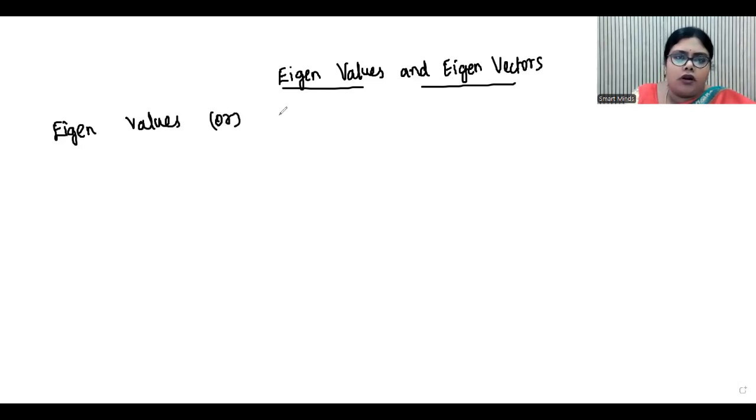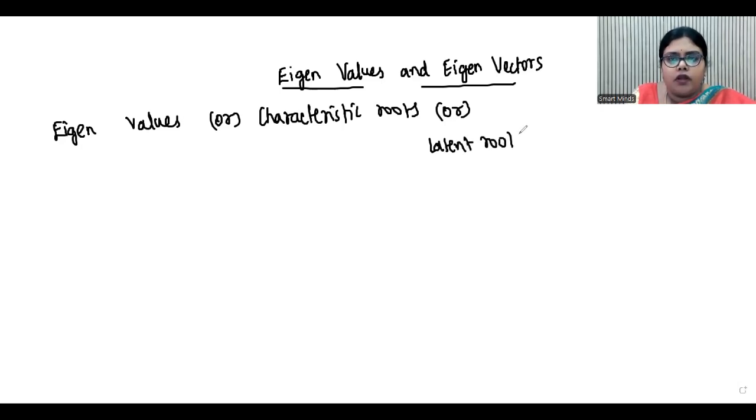Eigenvalues are also called as characteristic roots, or it is also called as latent roots. All the three mean the same. So the roots of the characteristic equation. How do you find out the characteristic equation?